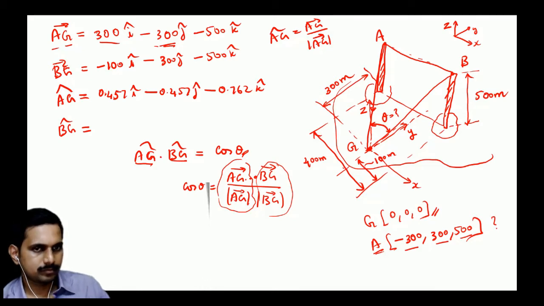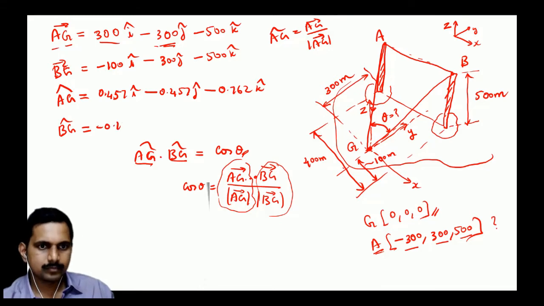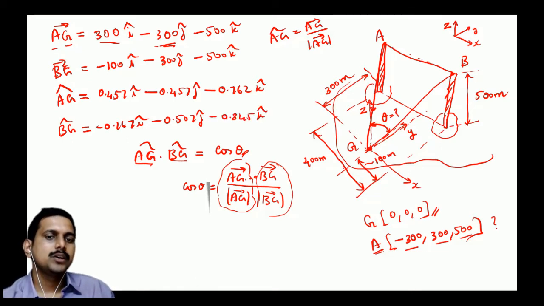So minus 0.167i. Minus 0.507j. Minus 0.845k. Fine. So now you take the dot product between these two. What is the dot product?